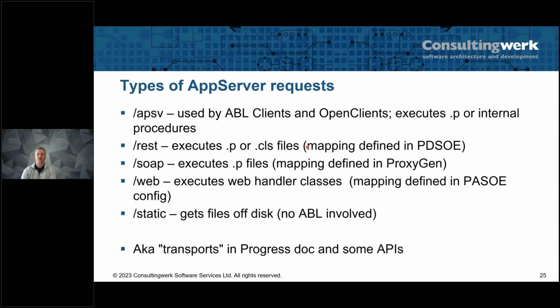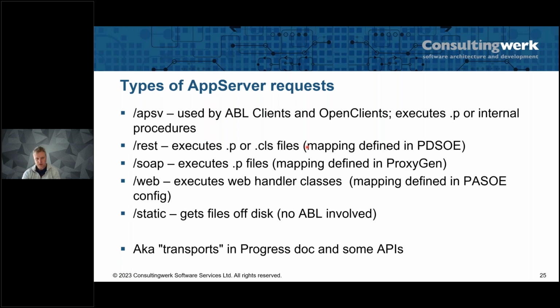It creates a PAR file, Progress Application Archive, that gets deployed into an instance. SOAP runs .ps. It uses proxygen mapping. The WSM is the same from classic to PAS, so that will run .ps.